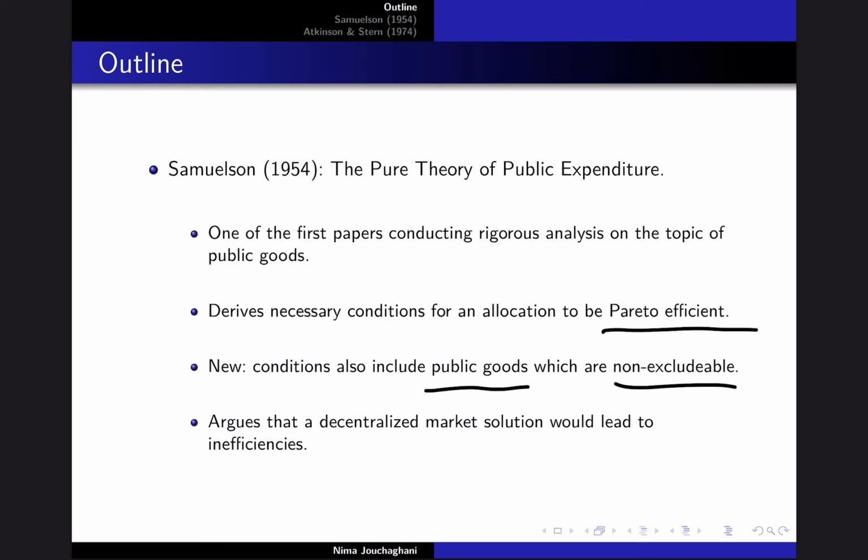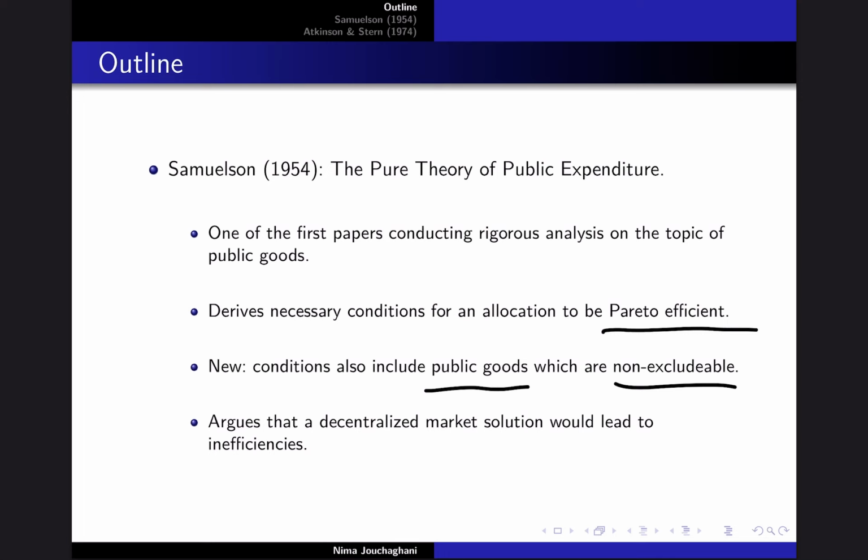Non-excludable is self-explanatory actually: consumption of the public good by one consumer does not exclude consumption by other consumers. And the so-called Samuelson condition gives a necessary condition for the amount of public good which is produced to be Pareto efficient.